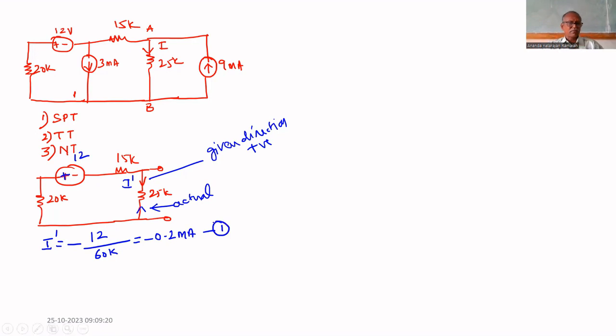One result we got. Now let us consider the 3 milliampere. If you consider that 3 milliampere, then the circuit becomes 20K. Voltage source means we have to short circuit.